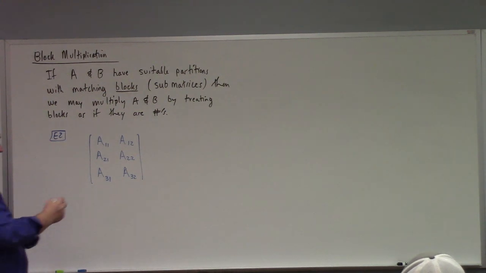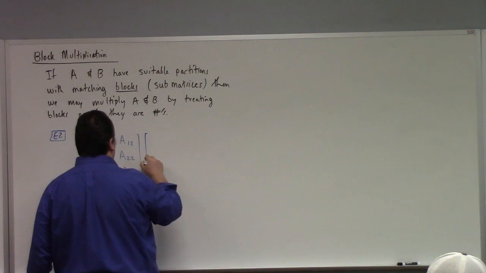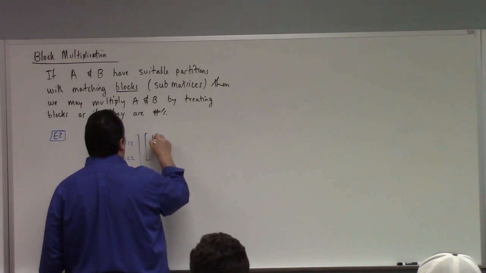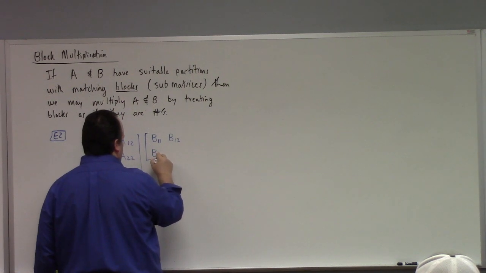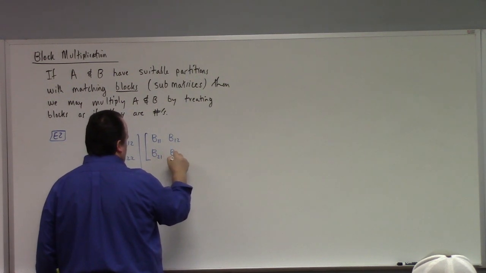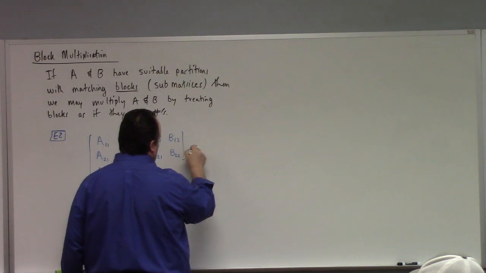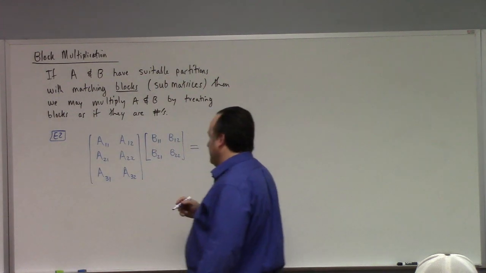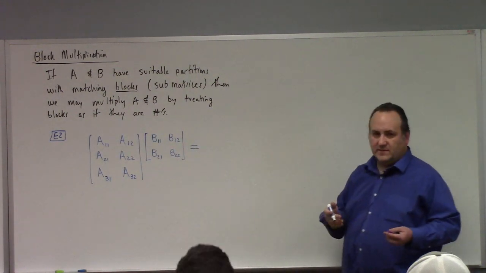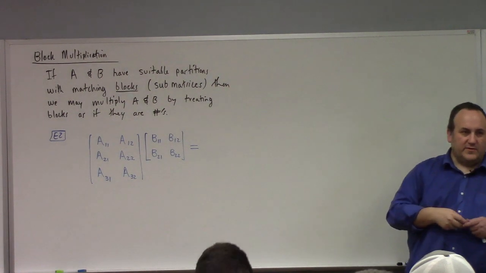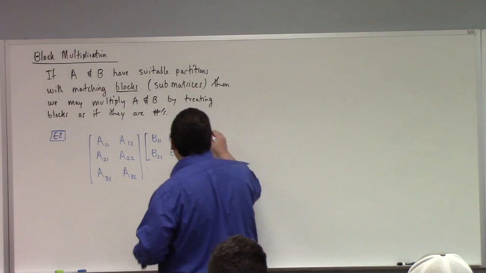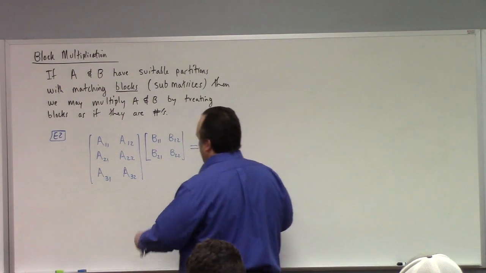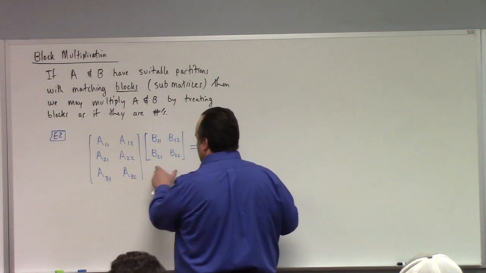And suppose I've got another matrix over here, which has got like B11, B12, B21, B22. See, the thing here is if I asked you to multiply these two matrices, I hope you'd know how to do it, right? What would we do? I mean, this appears to be a 3 by 2 times a 2 by 2, right?